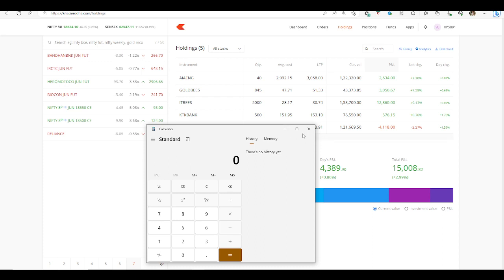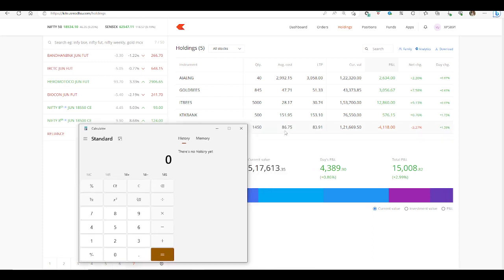My entry is 86.75 plus. What is the current market price? 83.91. Let's say tomorrow it opens here only. I am thinking to buy at 84 rupees.